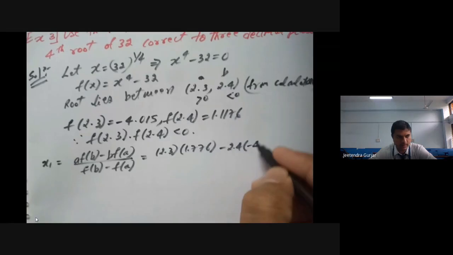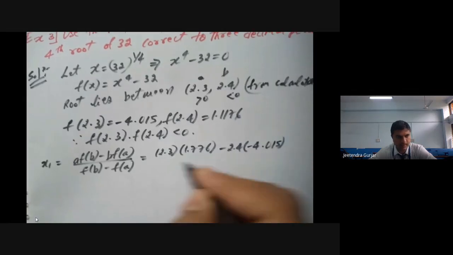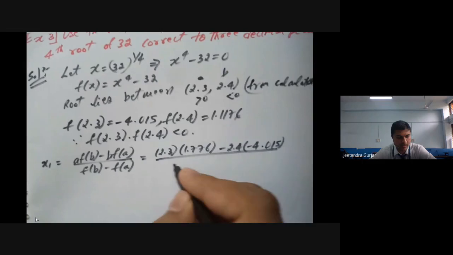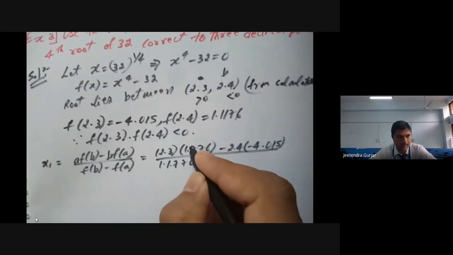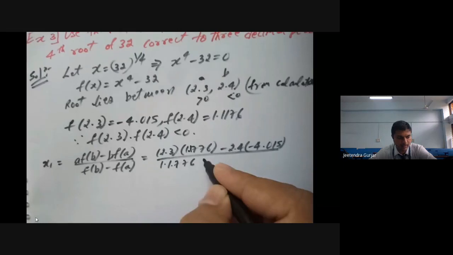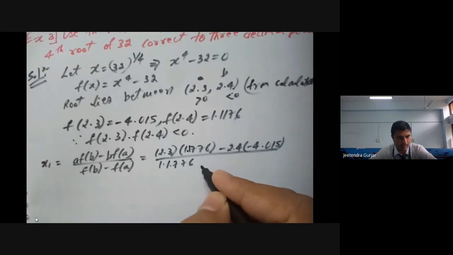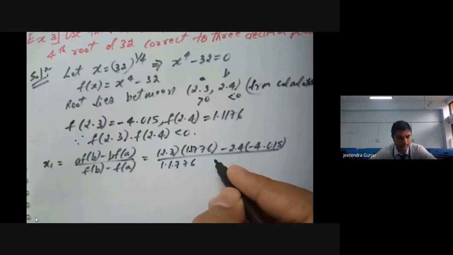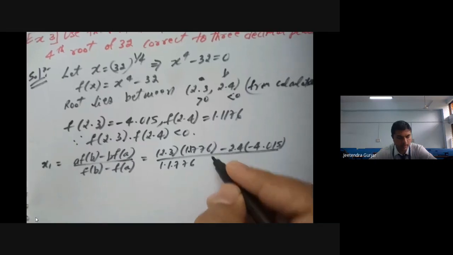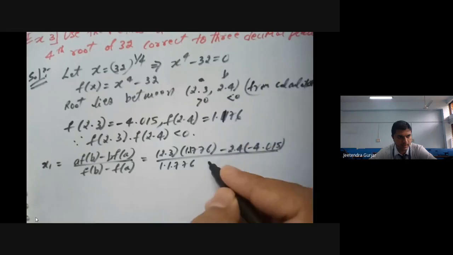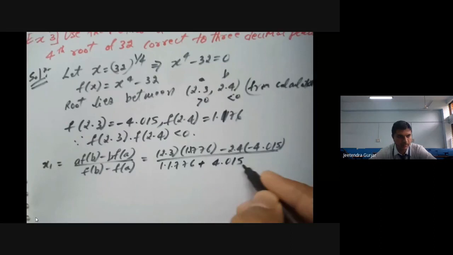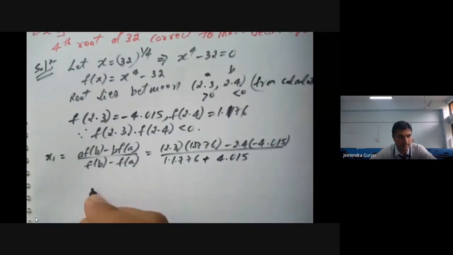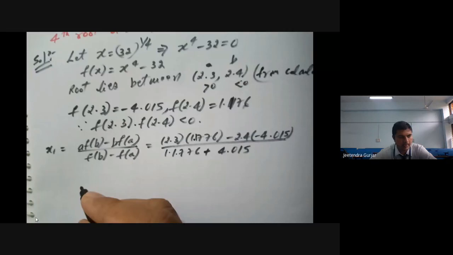So all the values are like this, divided by 1.1776 plus 4.015. Just go through the calculator, check the answers correctly, then substitute here.